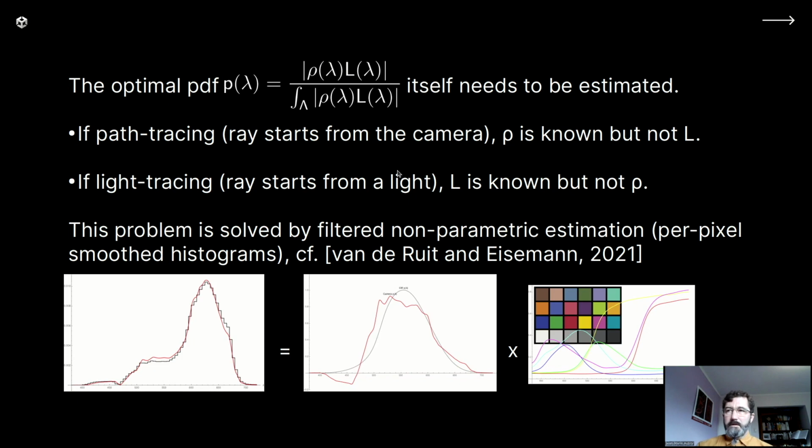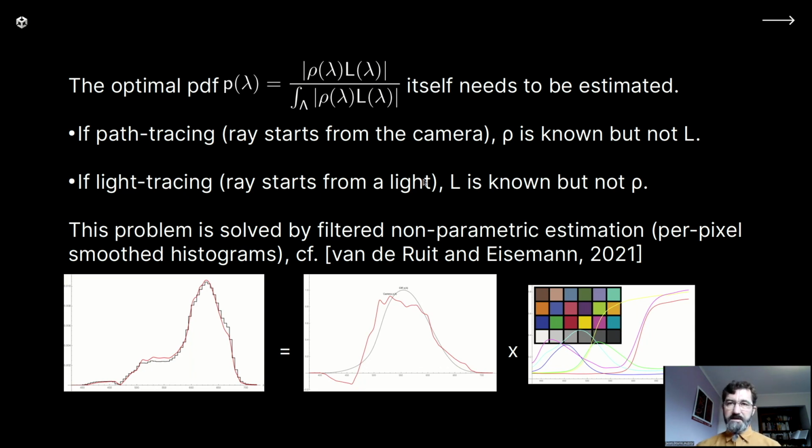Okay, so the optimal PDF is not known directly. It needs to be estimated. So, well, typically, part of this product will be known. If we are doing path tracing, so we're starting a ray from the camera, then we know the camera response of that particular pixel, but we don't know until we sample it the value of the incoming luminance.